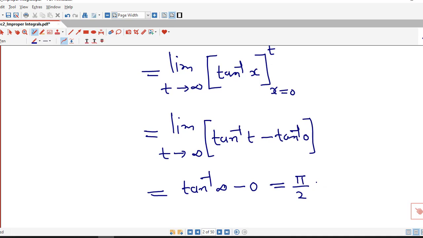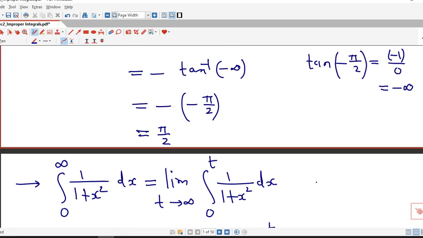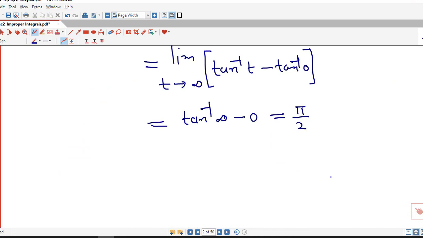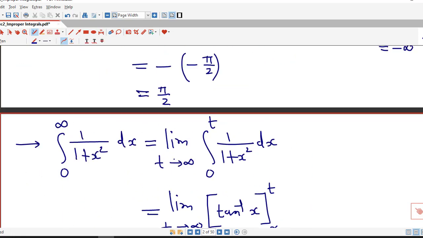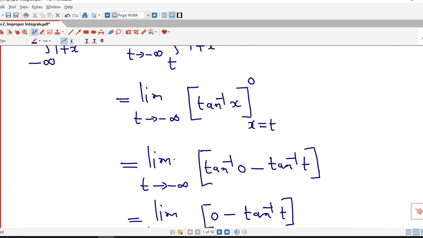So this integral is also convergent, its value being pi by 2. So both the integrals are convergent, therefore the given integral is also convergent, and its value is the sum of the values of these two integrals.